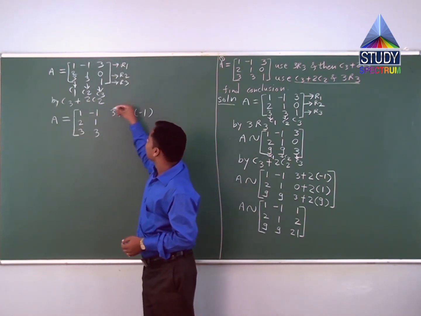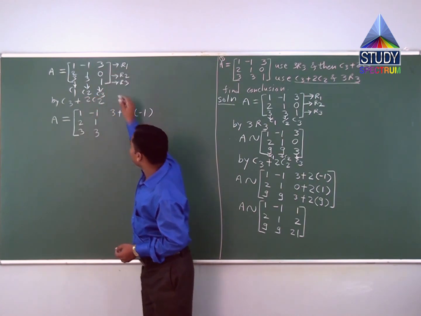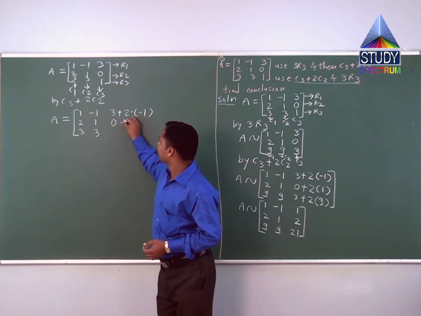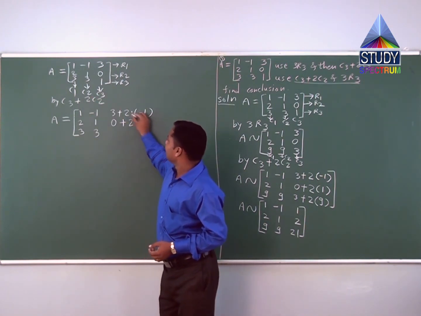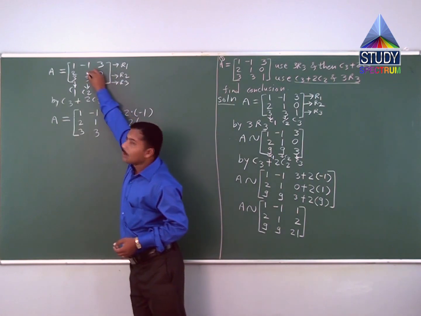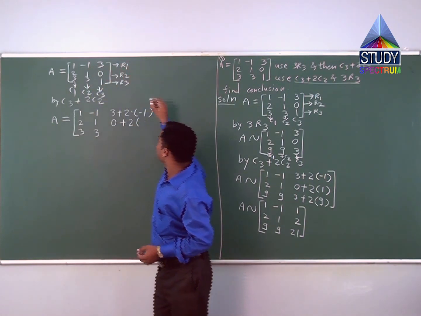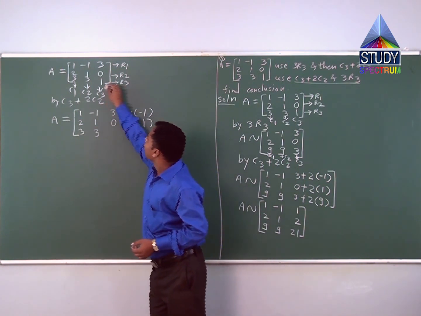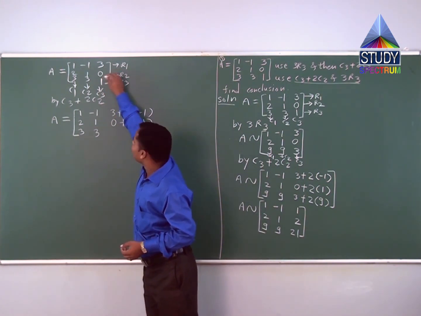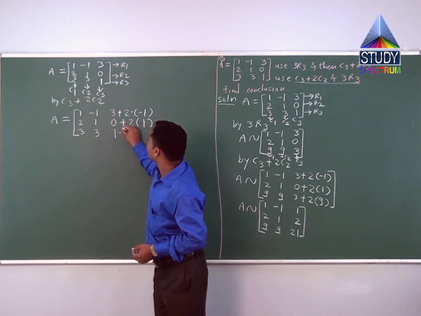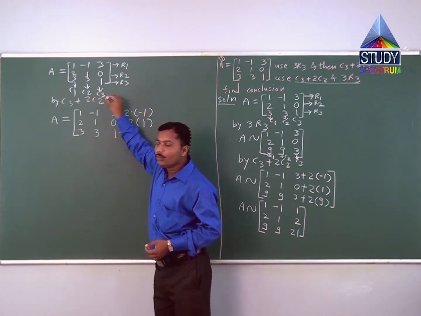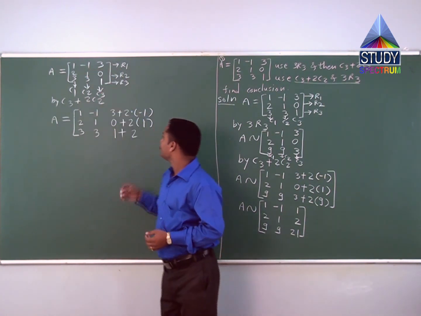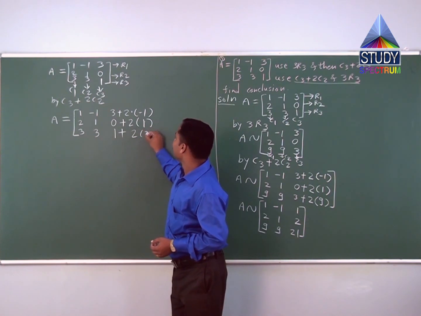Again C3 plus 2C2: the second number of the third column 0 plus 2 as it is, C2 means the second number of the second column, 1, and the last number of the third column 1 plus 2 as it is, C2 means the third number of the second column, so 3.